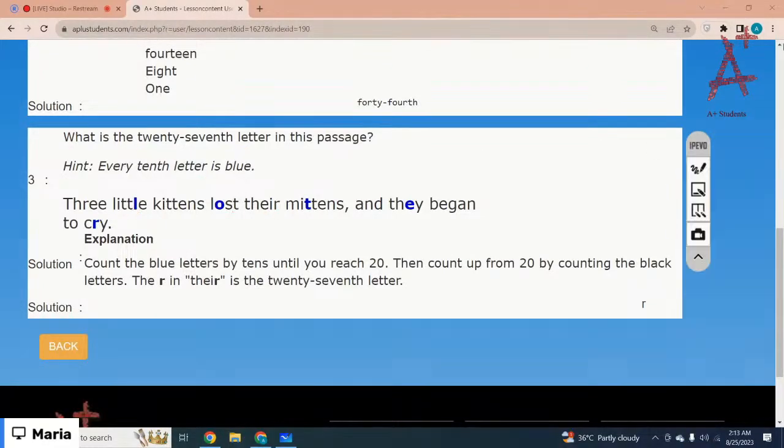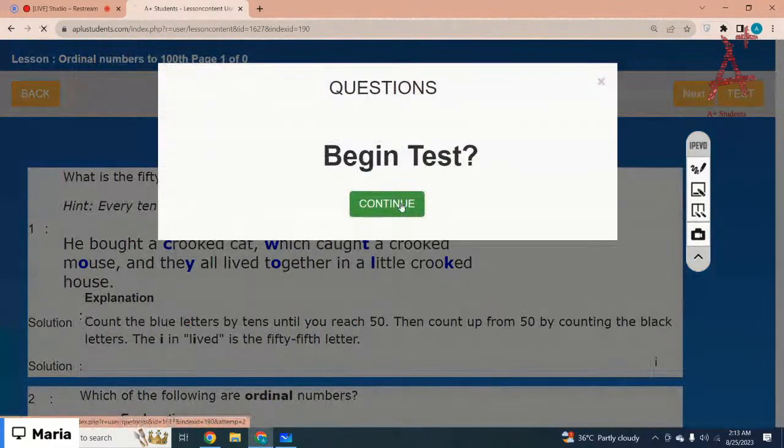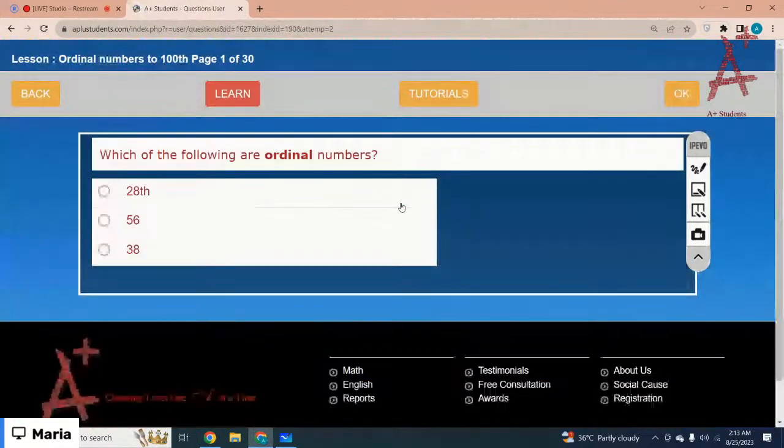Let's just start with the practice questions. Which of the following are ordinal numbers? Which is the correct option? 28, 56, 38.